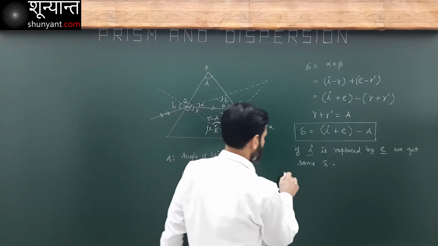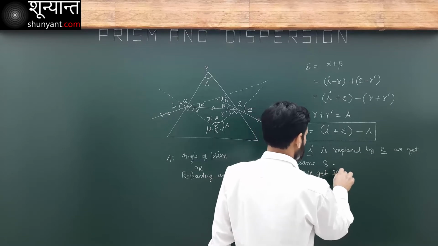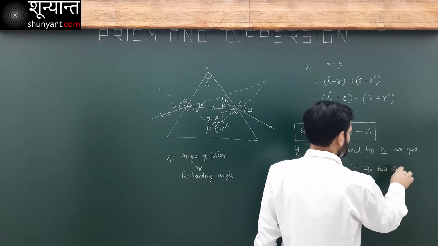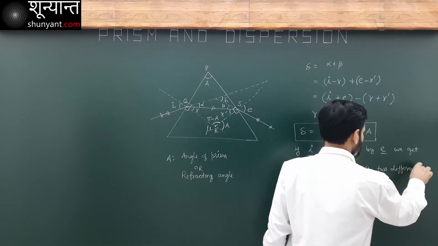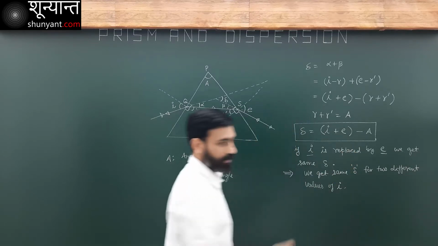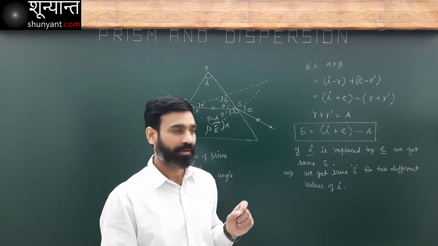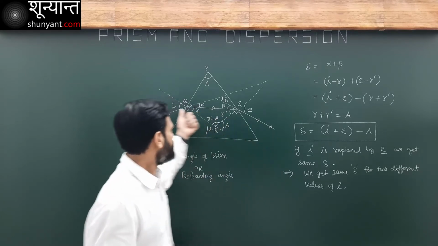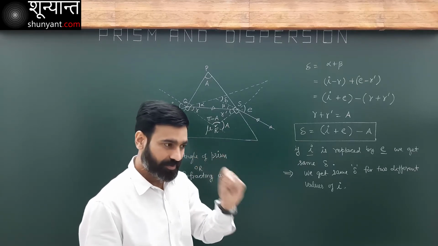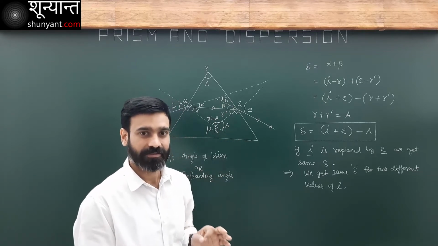That means we get the same delta for two different values of I. A very important observation. If I keep on changing my I, I am going to get the same deviation delta for two different angles of incidence.